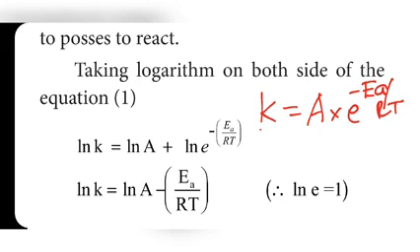Like that, here for this equation we are taking log, so ln k is equal to, here multiplication is there, and if multiplication is present we can put plus.